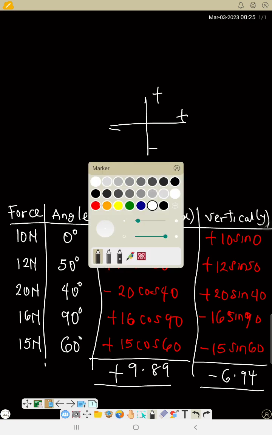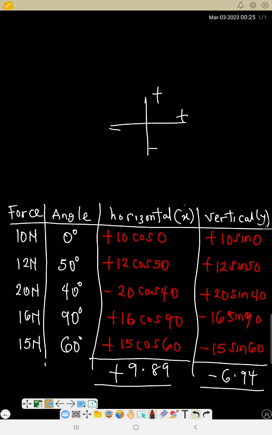If you look at your final answer, for the horizontal component the result is plus 9.89, so it's going along the x axis. Remember, horizontal is x, so it's going this way, plus. Then for the vertical, the y axis is minus 6.94, so it's going down towards minus.